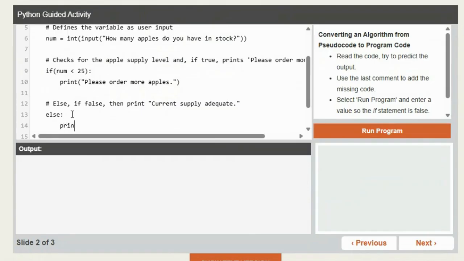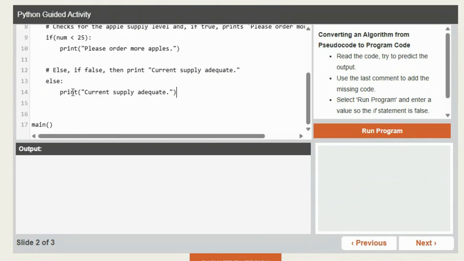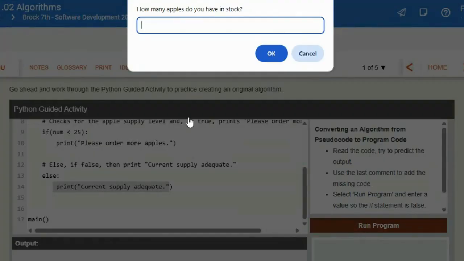We've got to indent over, print current supply adequate. So that should do it, because it said if it's false, so this is the if, this is the else. So if it's true, it'll do this. Else, if it's not true, it does this. How many apples do you have in stock? Well, let's say we have 2.